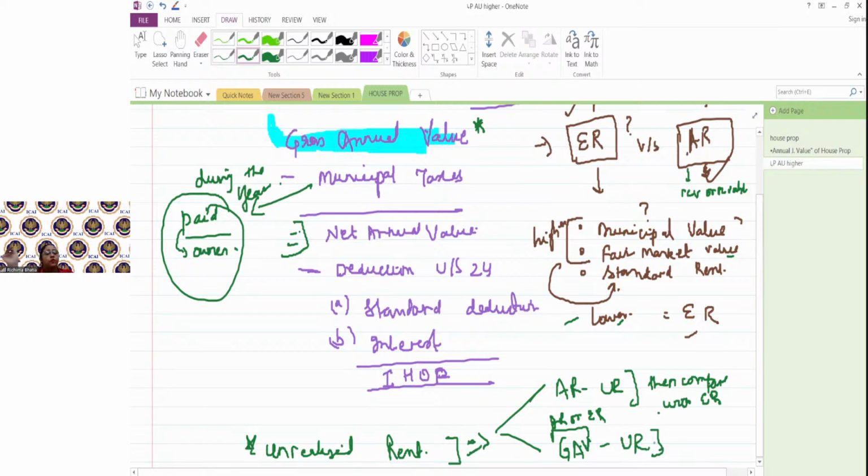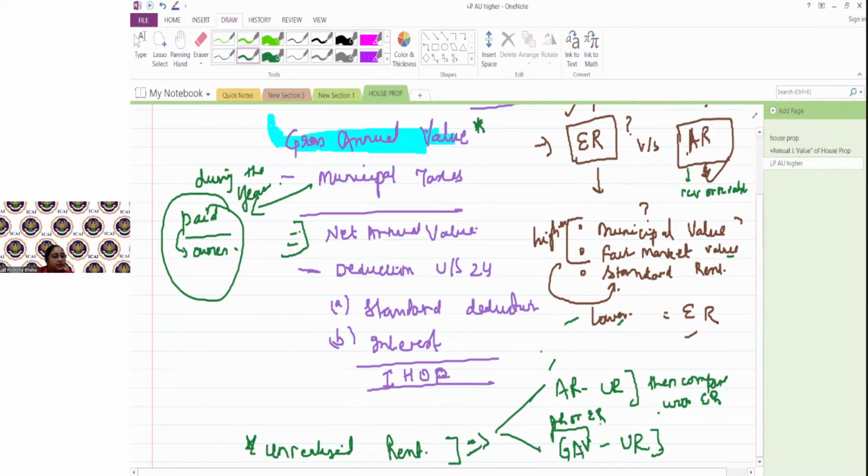So whichever way you follow would be right in your exams. There would be no marks reduction. Preference would be given to both ways of calculation equally. Obviously the difference might come because it may be that in the first method actual rent becomes lower and your expected rent becomes your gross annual value, and then you are reducing the municipal tax.